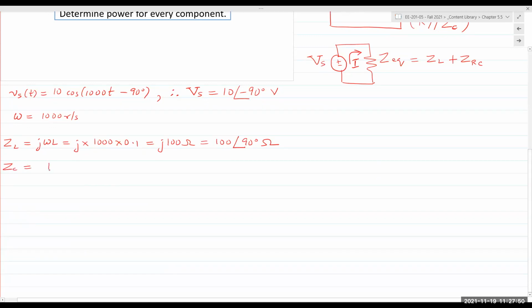ZC similarly is 1 over j omega C. Omega is 1000 into 10 microfarads.